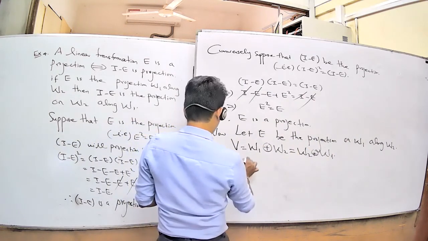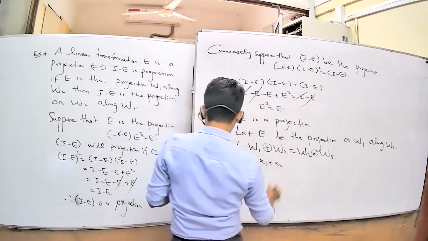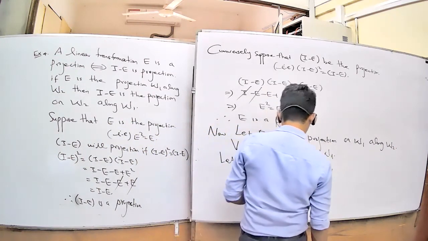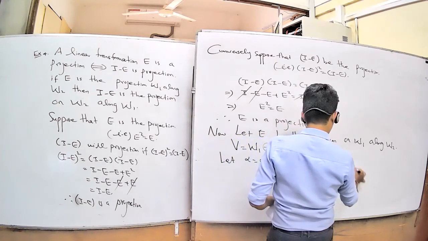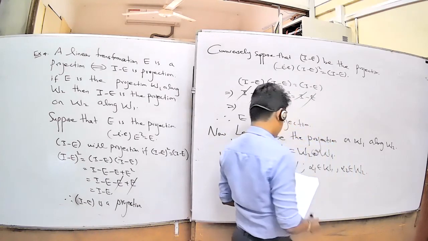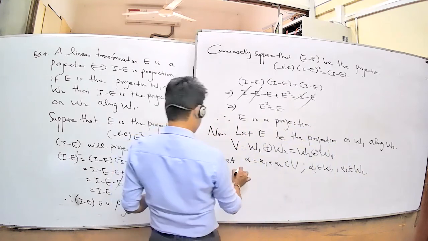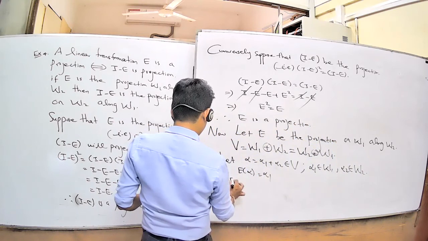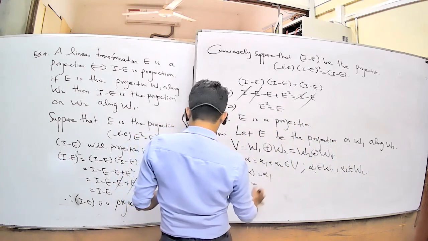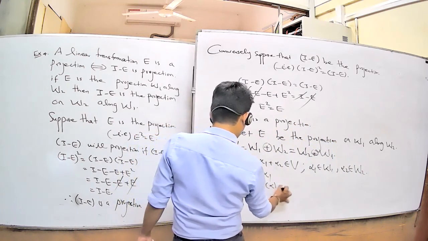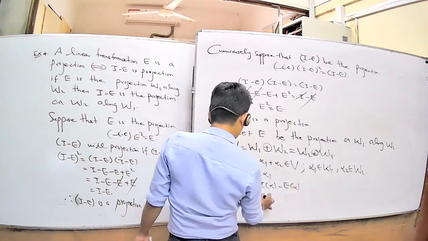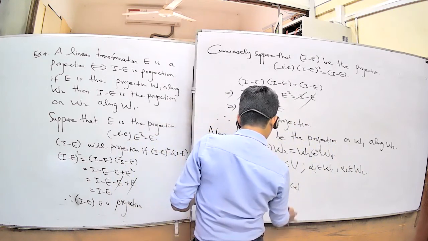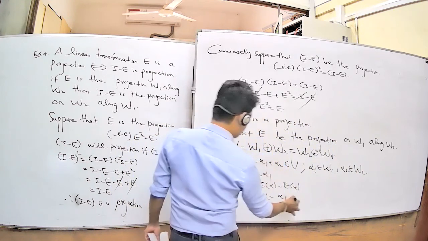Let alpha equal alpha 1 plus alpha 2 belong to V, where alpha 1 belongs to W1 and alpha 2 belongs to W2. By the definition of projection, E alpha equals alpha 1. Now consider I minus E alpha, which equals I of alpha minus E of alpha. I of alpha, because identity mapping, is alpha, minus alpha 1. Alpha minus alpha 1 becomes alpha 2.